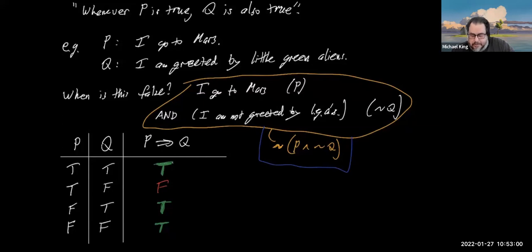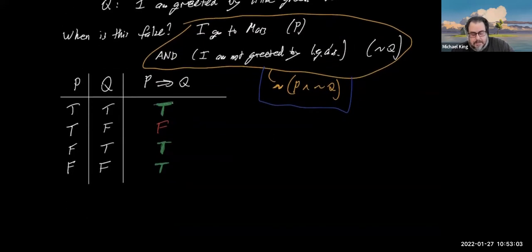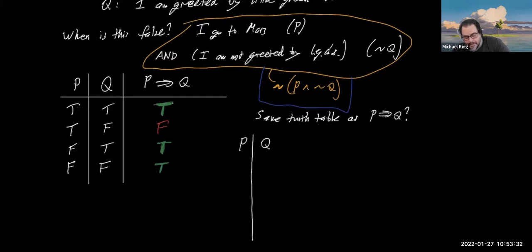Okay, because if we actually build the truth table for that, I claim we'll get the same truth table as P implies Q. And you can do it. In fact, you should do it. I should let you get ahead of me and do it yourself, and then I'll play catch up.